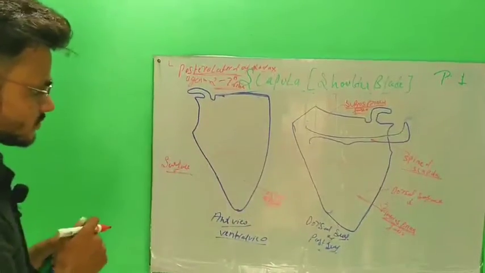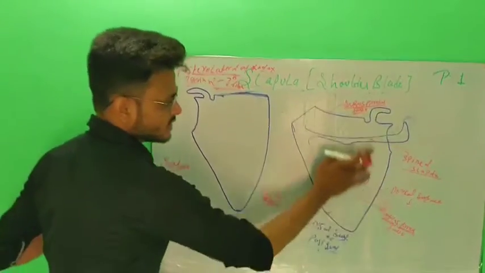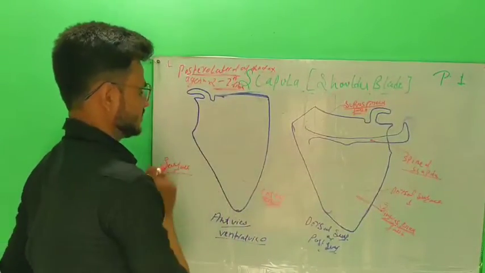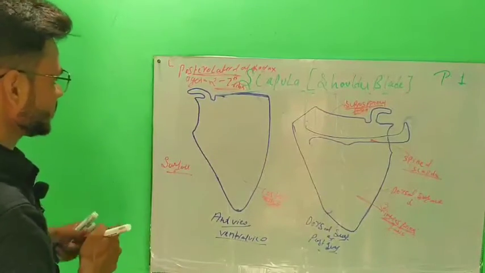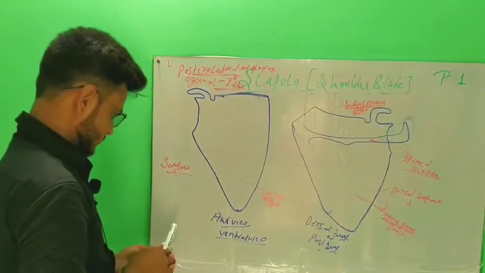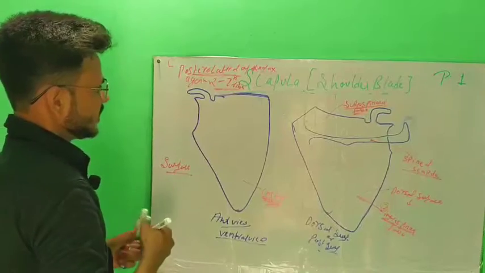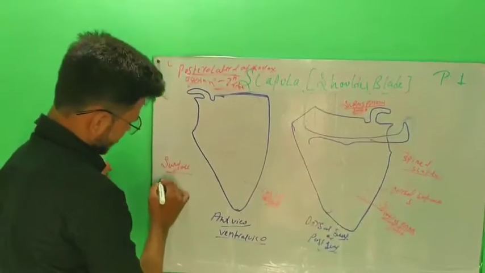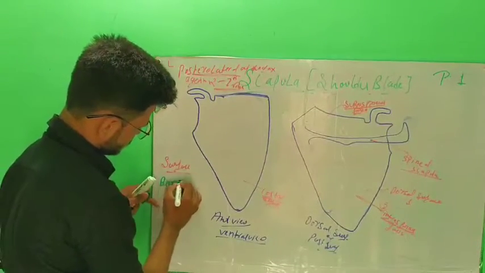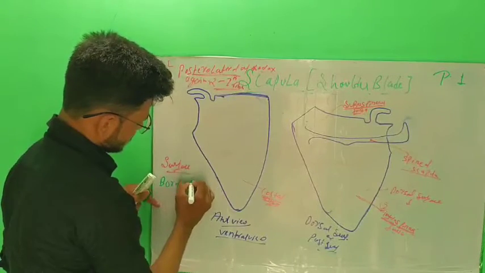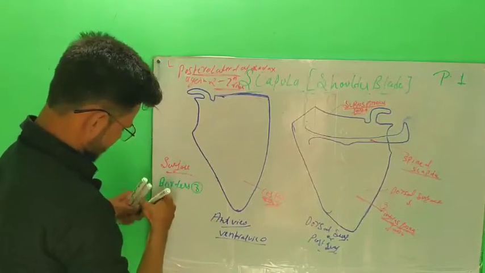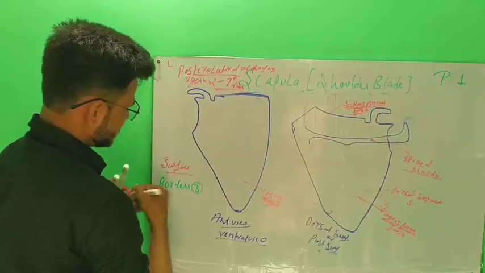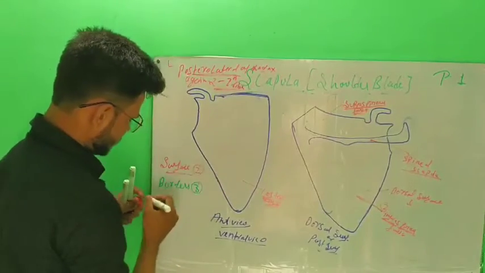This is the dorsal surface and this is the ventral surface. Now comes the borders. Our scapula has three borders, and these are the two surfaces. Which three borders?